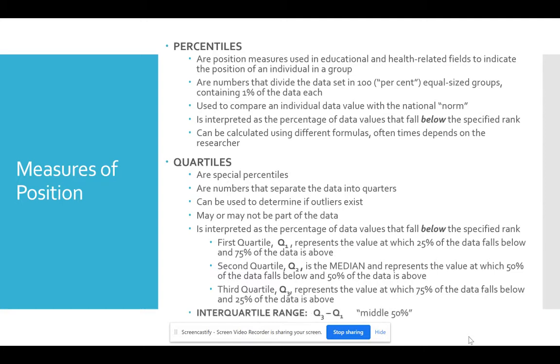Another piece that comes out of the quartiles is what's called the interquartile range, and it is Q3 minus Q1, and it represents the middle 50% of the data. And again, we're going to use quartiles ultimately to help us decide if there are any outliers.